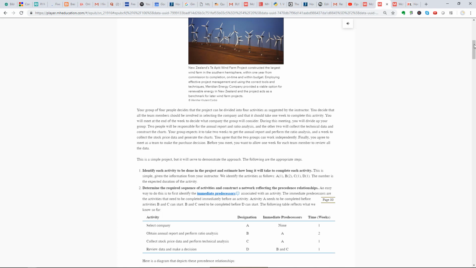And then there's 2 things that happen in parallel. We're going to get the annual report and perform ratio analysis on all the financials. And then we're going to collect some stock price data and perform technical analysis. In fact, this is kind of an interesting problem because the Wall Street Journal basically is interested in fundamentals. This first is going to end up becoming the B activity, and Investor's Business Daily, IBD, has to do with doing technical analysis, which has to do not with anything underlying a stock, but just its performance.